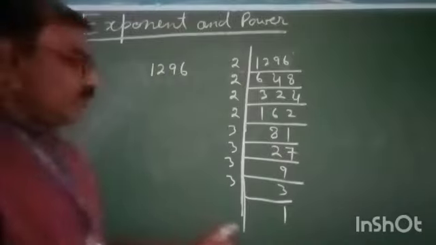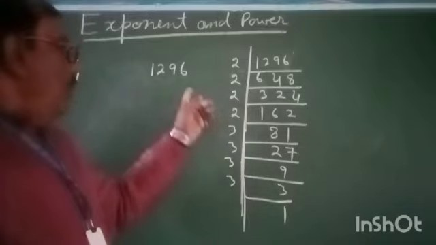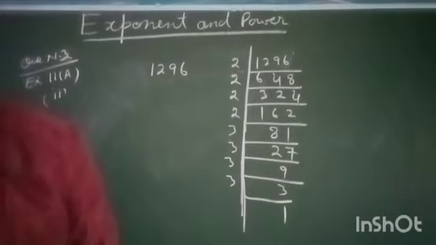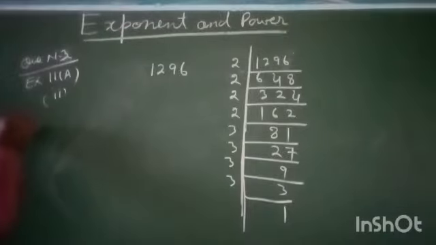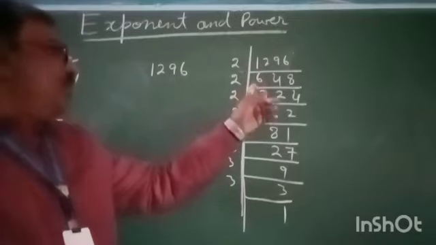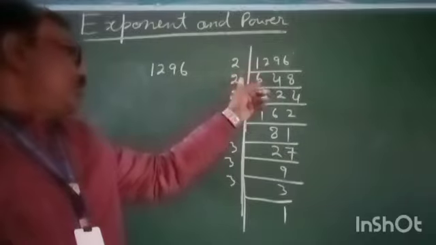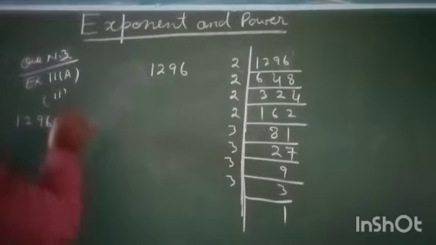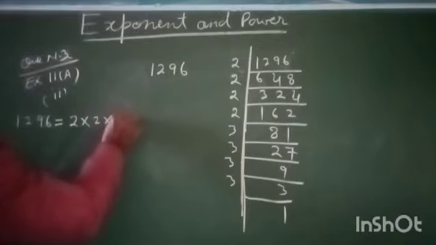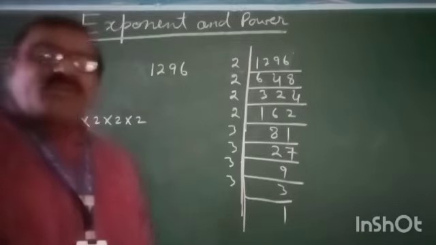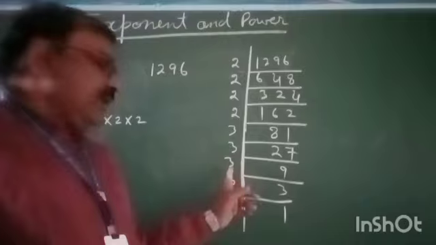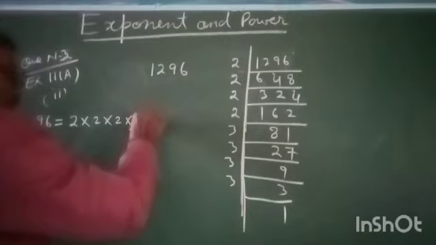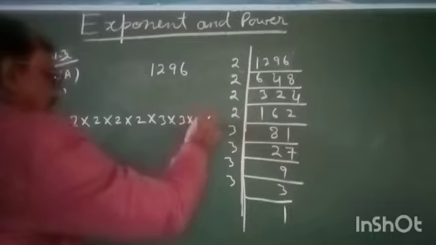So dear students, I will write 1296 in exponential form as this: 1296 equals, here multiplication of 2 is 4 times, 1, 2, 3, 4, so I will write 2 multiply 2 multiply 2 multiply 2, and here multiplication of 3 is 4 times, 1, 2, 3, 4, then I will write 3 multiply 3 multiply 3 multiply 3.